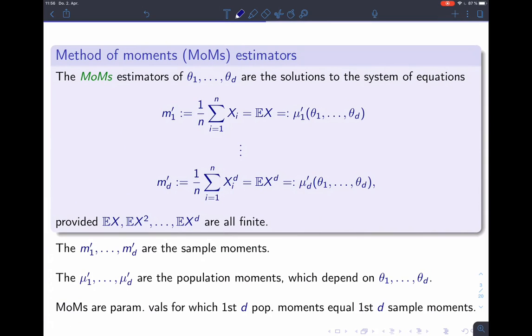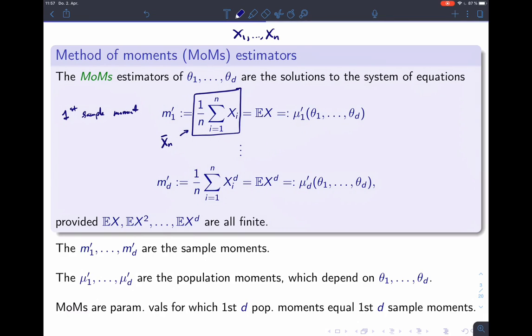So officially, the method of moments estimators are the solutions to some equations. We have some familiar quantities here. So if our random sample is the values x1 through xn, then this thing here is like the sample mean. And we're going to call that thing the first sample moment.